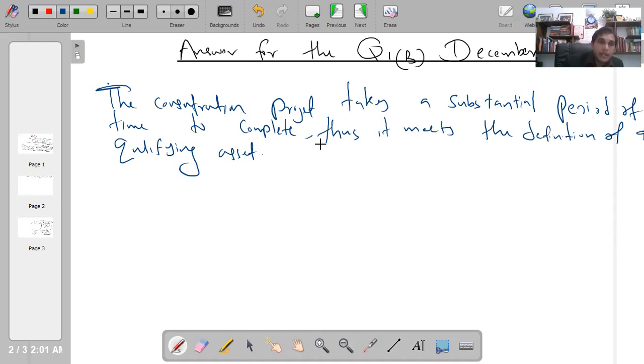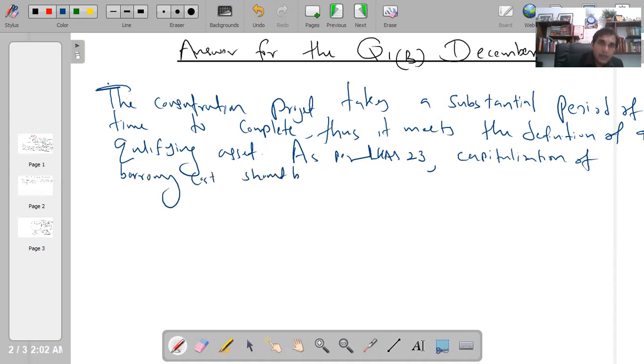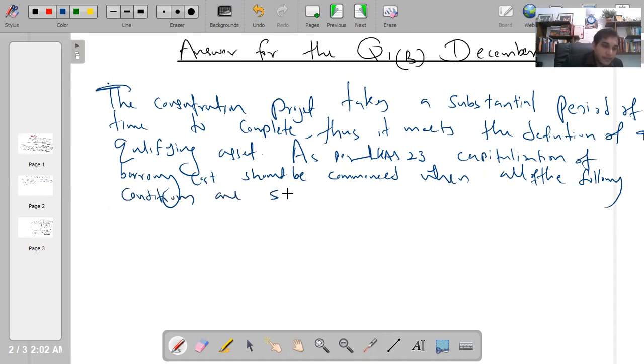Then what you can write, as per LKAS 23, capitalization of borrowing cost should be commenced when all of the following conditions are satisfied. We'll write them one by one.